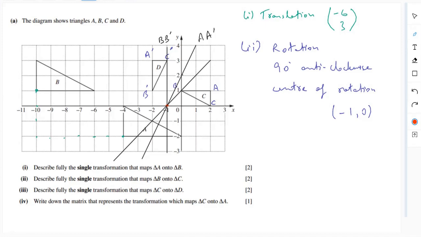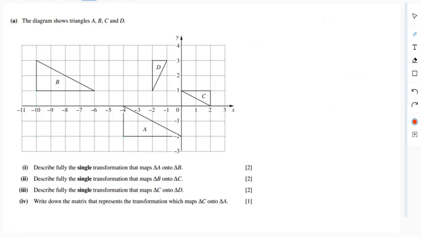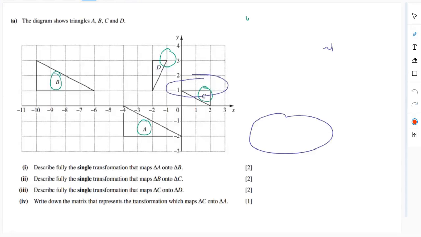Okay, let's do the last one now. So let me erase all of that stuff. Part 4 here. So now we've got a matrix there, and let's think about that. For some reason it doesn't erase the previous ones, so I'm just going to do that again.